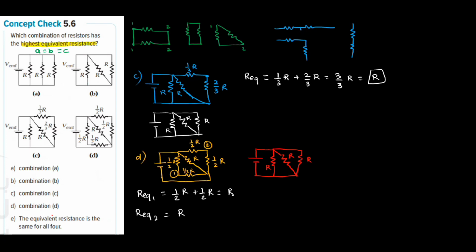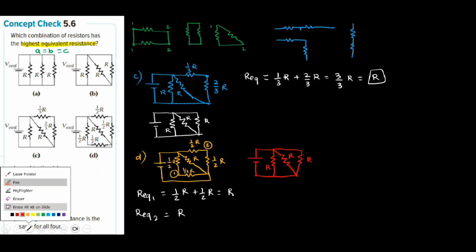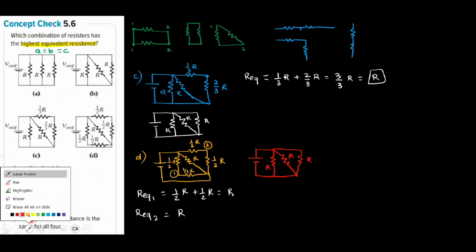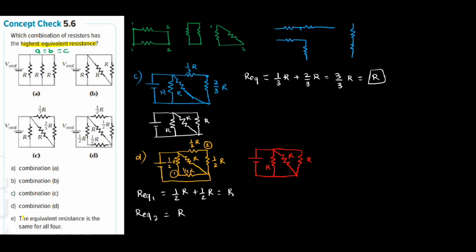So even though these four combinations look a little different, if you simplify the circuit, if you find the equivalent circuit, they all are the same, with one battery and three resistors connected in parallel, each of the resistors having a value R. So since they are all the same circuit, they will all have the same equivalent resistance. So my answer will be option E. Equivalent resistance is the same for all four.